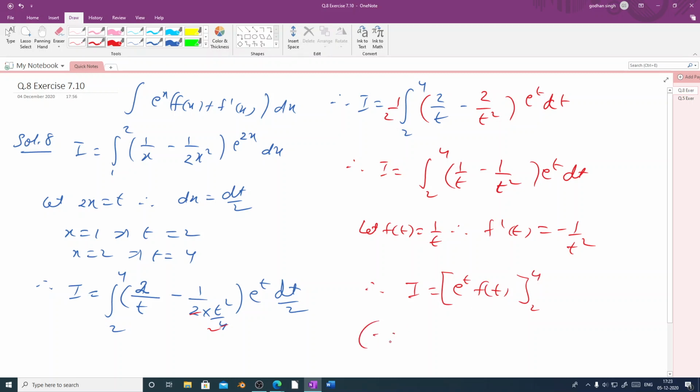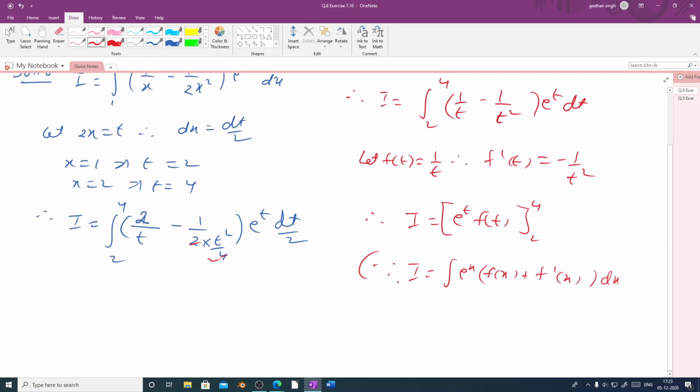Because if I is equal to integration of e raised to x f(x) plus f dash x dx form, then the answer of that is equal to e raised to x f(x) plus c. So this is the reason for which we have got the answer of this as e raised to t into f(t), and limits are from 2 to 4.